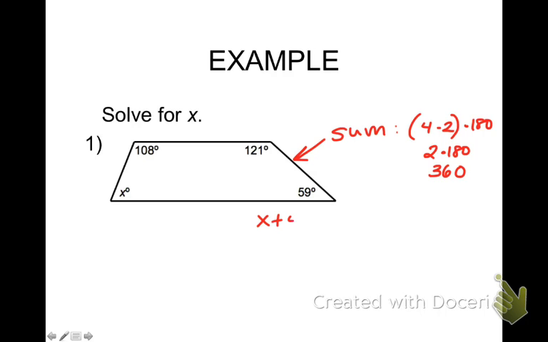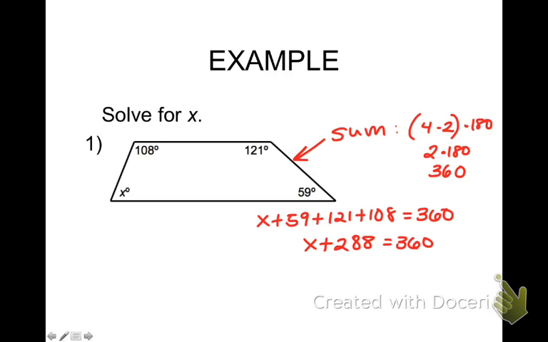So x plus 59 plus 121 plus 108 equals 360. When we add up those degrees, 59 plus 121 plus 108 is 288. So x plus 288 equals 360.